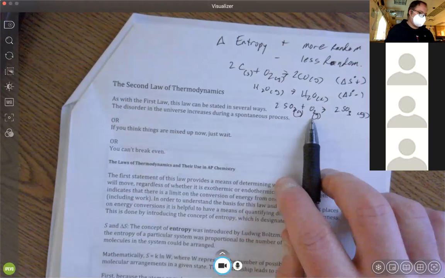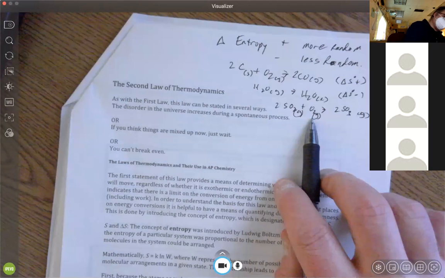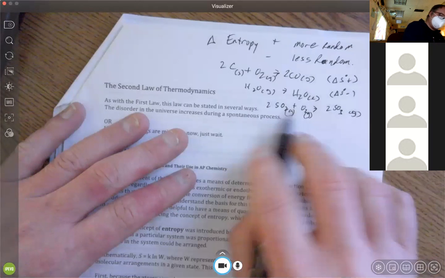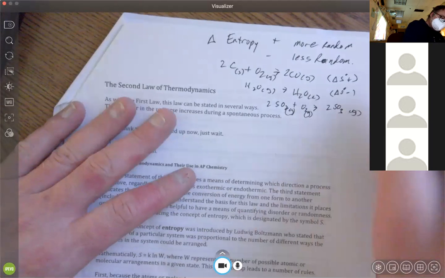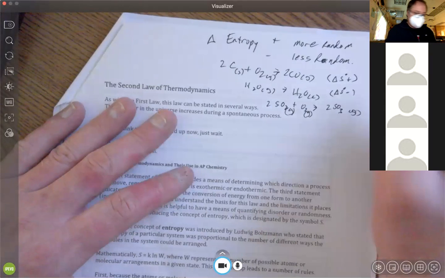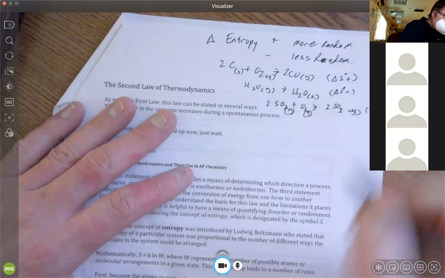Is it negative because it goes from 3 moles to 2 moles? Good. Both of you got it right. Yep. We have 3 moles of gas here, which is pretty random. Here we only have 2 moles. So the particles, even though it got bigger, it's still negative there. Less random. Let's try 2 more.